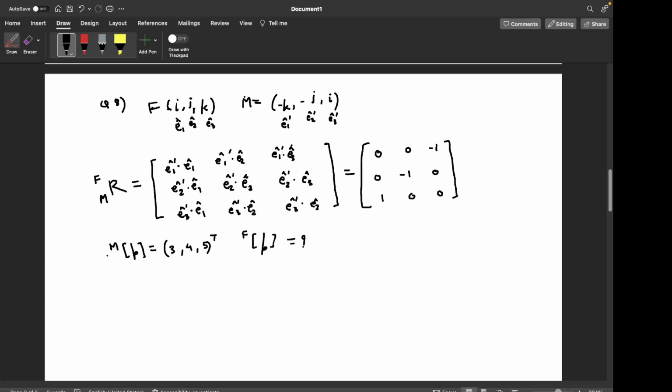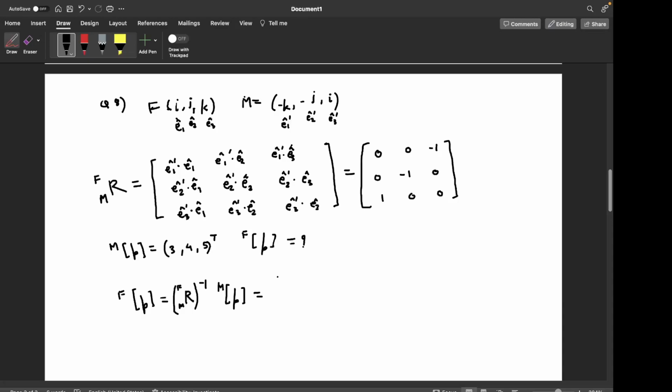And we have to go from M to F frame. So what we will do, we will multiply the coordinates in M frame with the inverse of this rotation matrix, right? So P in F is R FM inverse times P in M, right?